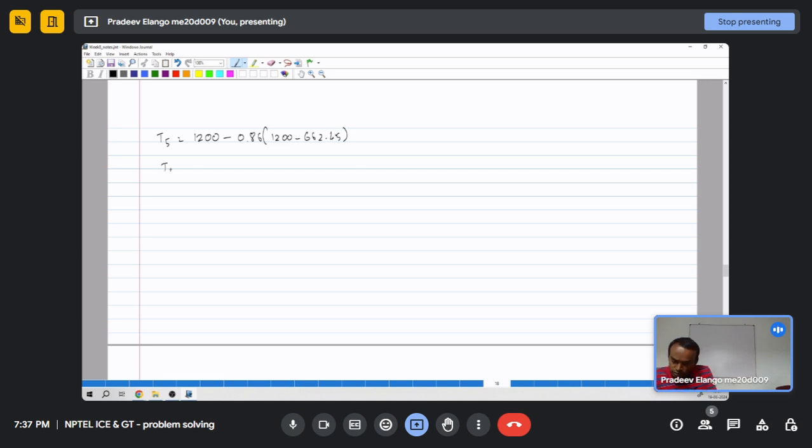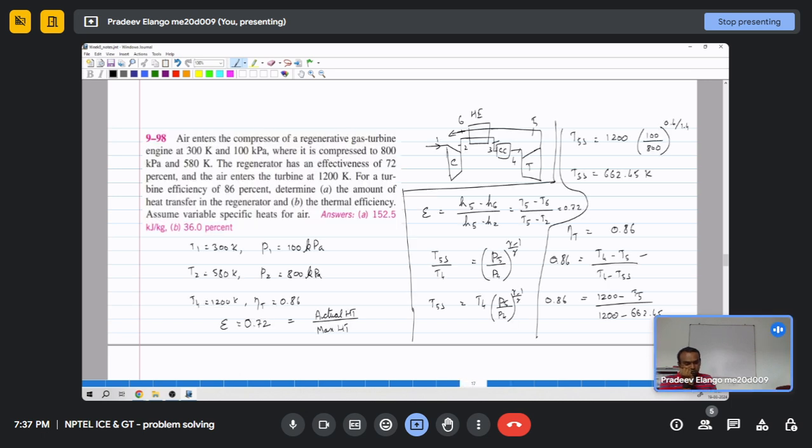Can you calculate T5? So T5 is 737.707 Kelvin. Okay, 737.7 Kelvin.